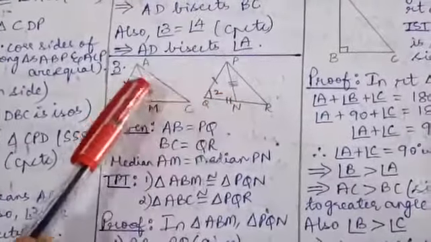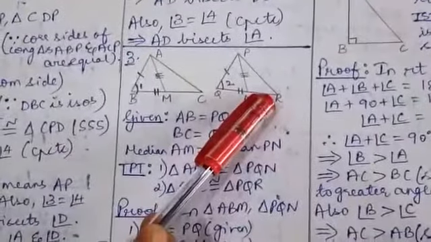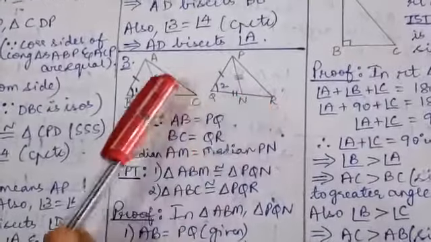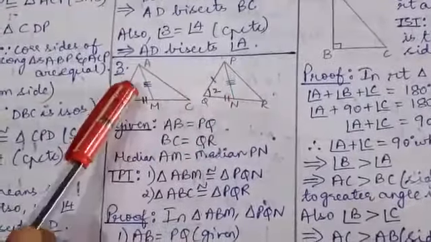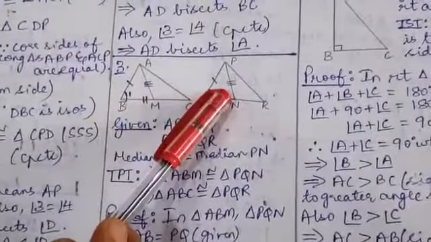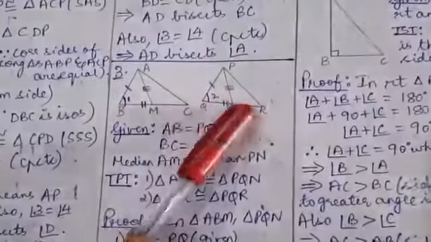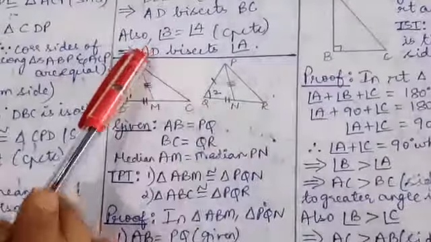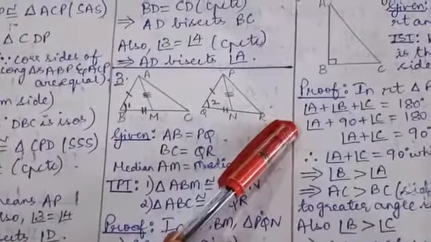Yes, because we proved that triangle ABM is congruent to triangle PQN. So now that the triangles are congruent, their corresponding angles are equal. So angle 1 is equal to angle 2. Angle 1 and angle 2 are angles of triangles ABM and PQN as well as triangles ABC and PQR. All right.